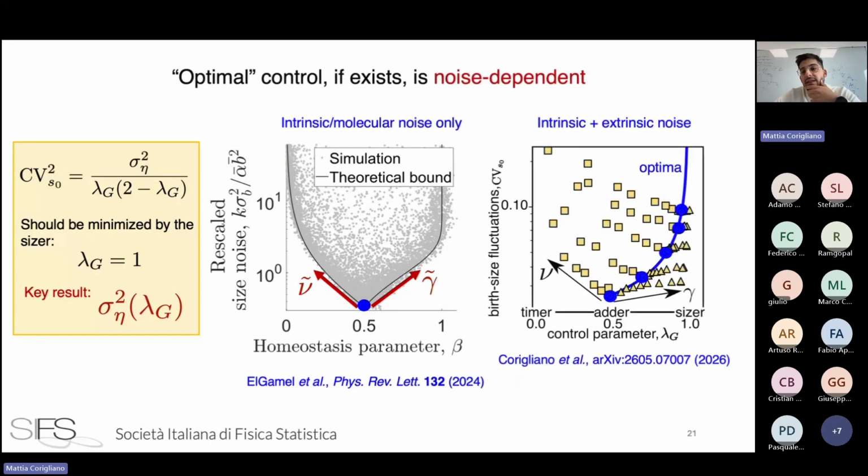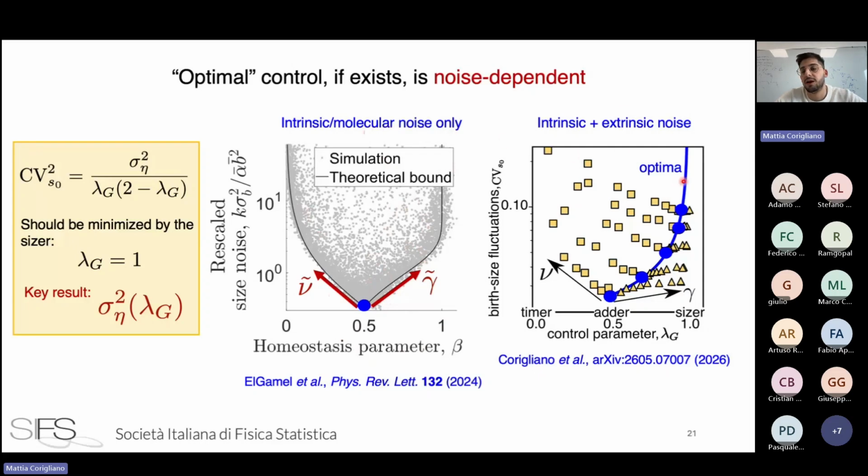However, all this was obtained in this model where you just consider molecular noise. However, we recently found that this optimal strategy is the adder only in this intrinsic noise limit.